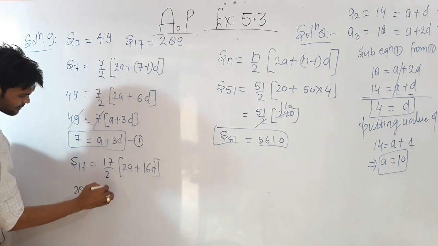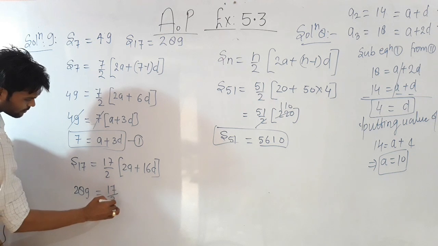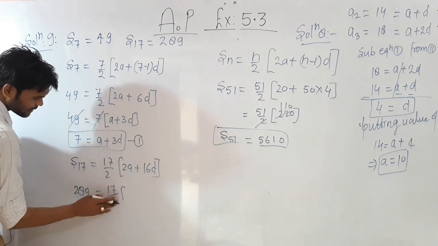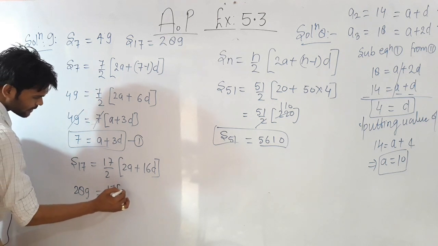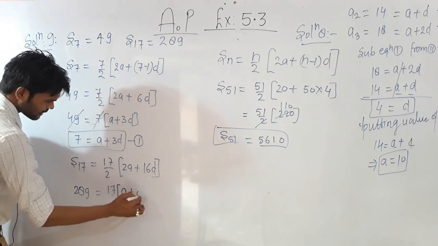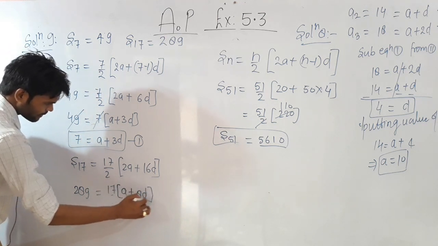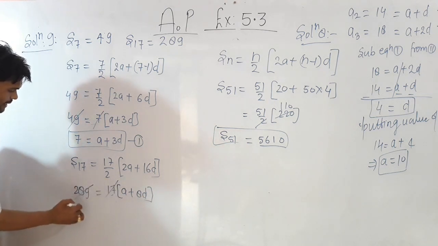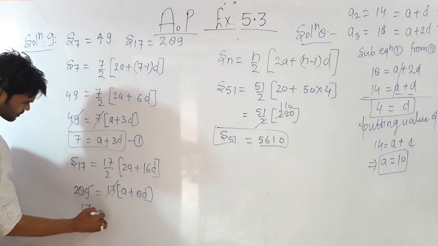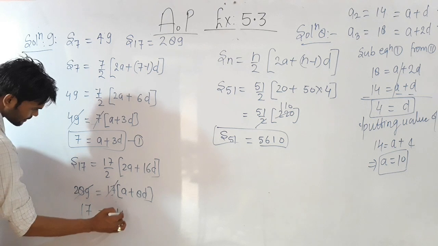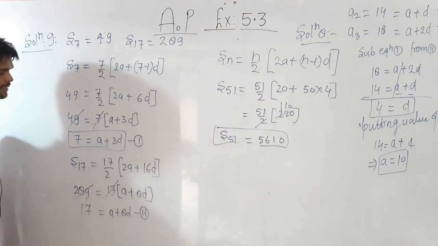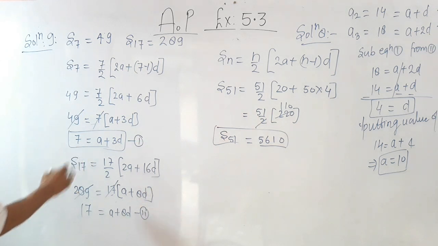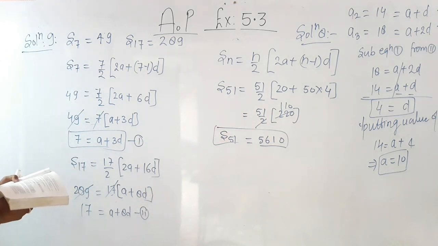So you may write 17 by 2 into, taking 2 common from it, 17 into (a plus 8d). This 2 will be cancelled, and it will become 17. So it will give you a plus 8d is equal to 17. So we have obtained another equation, equation number second. Equation first and equation number second.